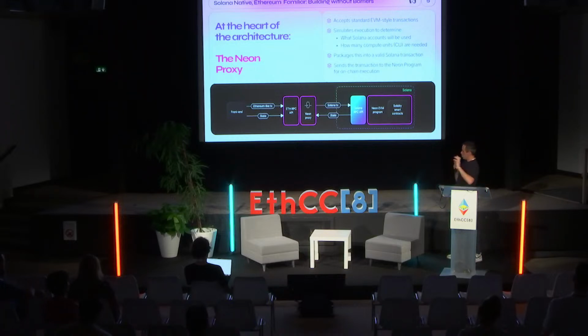Why? Because on one hand, you have an EVM transaction coming to the proxy, and here is where the magic happens, where we split the transaction into X smaller transactions. We basically translate them into Solana transactions, and then we send those transactions to the Neon EVM program here, which is able to understand the EVM bytecode. From there, it reconstructs the transaction and then executes it directly on chain.